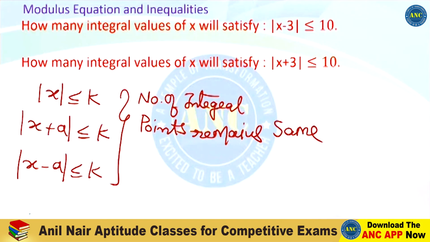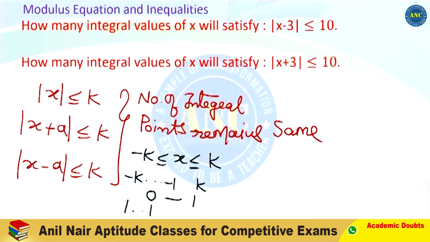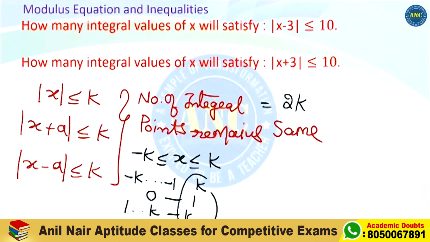How many integral points are there? Minus k less than or equivalent to x less than or equivalent to k: minus k to minus 1, 0, 1 to k. So k plus 1 on each side, and the number of integral points is nothing but 2k plus 1.